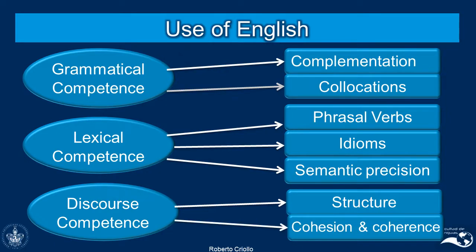And of course also cohesion and coherence, because the text is a unit that is closely tied by all of the different elements and all of the different connectors and reference, and in order to find the correct word in order to complete a text, you need to be able to know how the text hangs together.